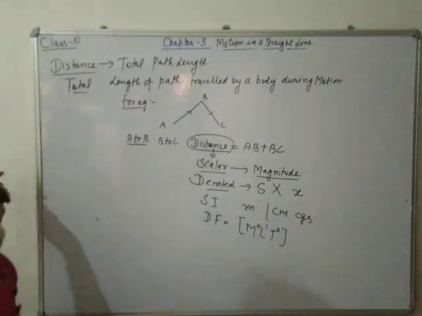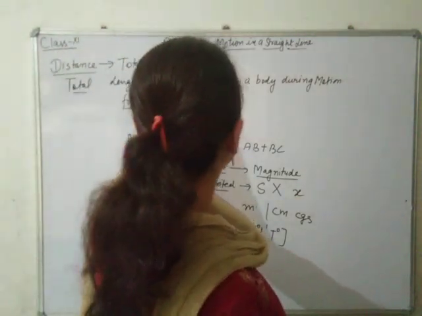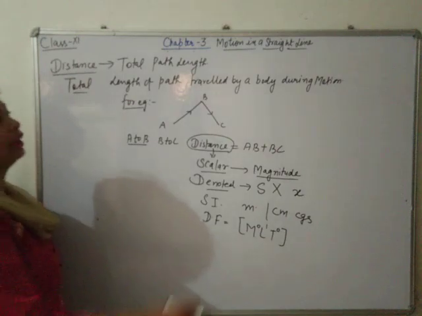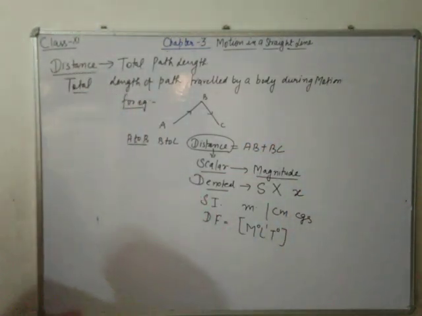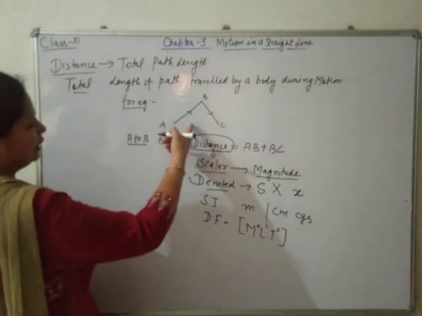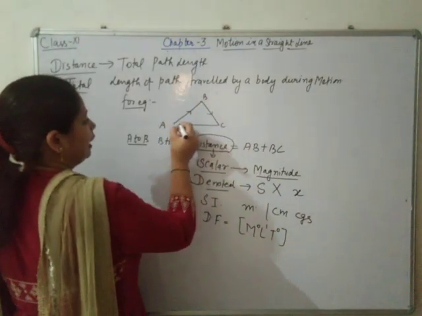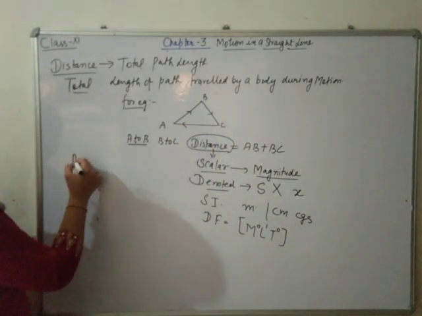So what is distance? Total length of path. Total path length, that is the total path traveled by a body during its motion, is known as distance. But when the same body travels from A to B, B to C, then again C to A, then what will be its distance?